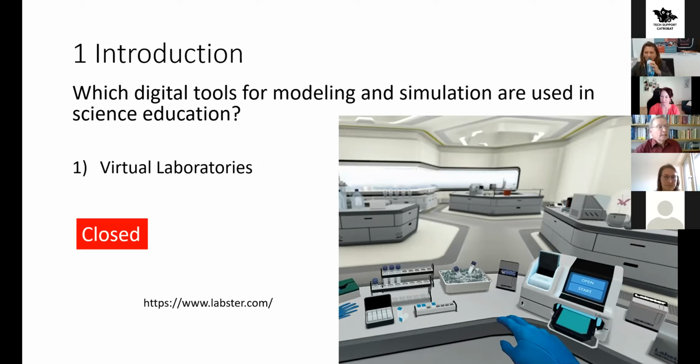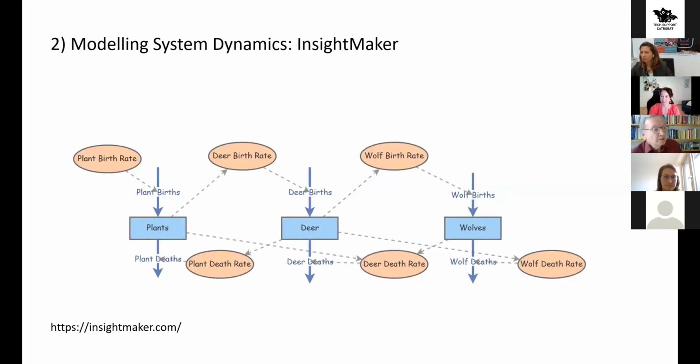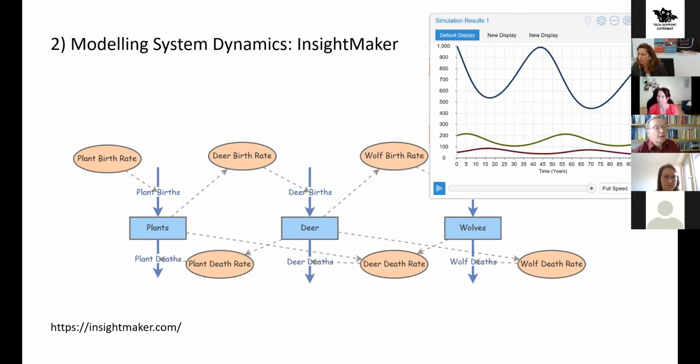On the other hand, we have specialized modeling systems, for example InsightMaker, a system for modeling system dynamics. Here we have this predator-prey model, and you have stocks and flows, and you can look inside the model and define everything. You can see simulation results when you do a simulation.